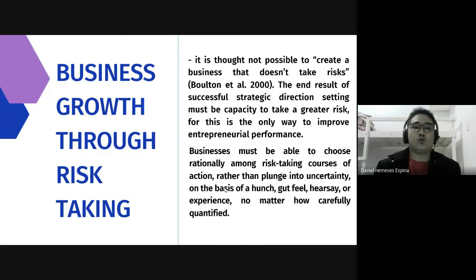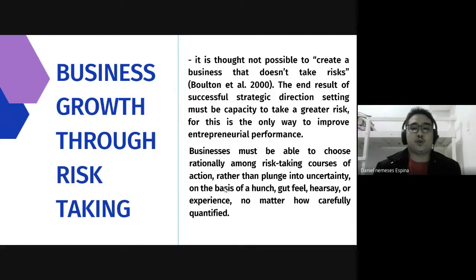So in short, if we want to achieve growth or to gain more returns, then we should be prepared to take more risk. And when you say prepared to take more risks, then we should be able to manage those risks.